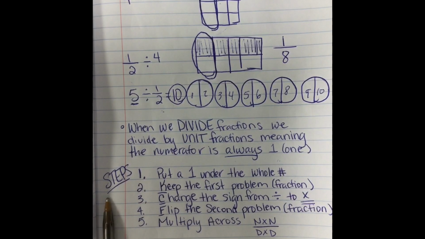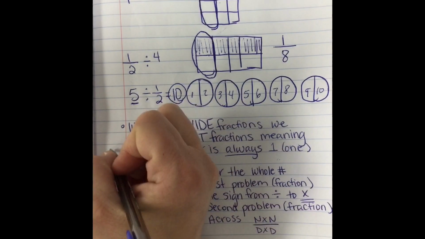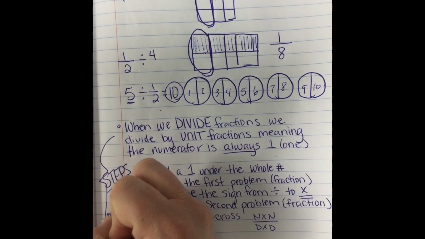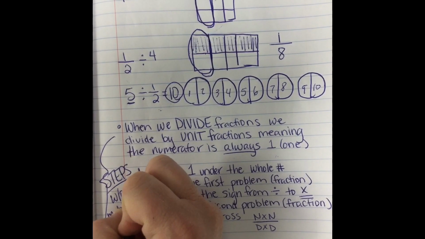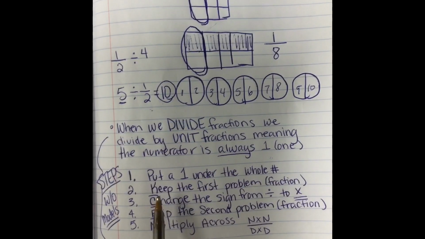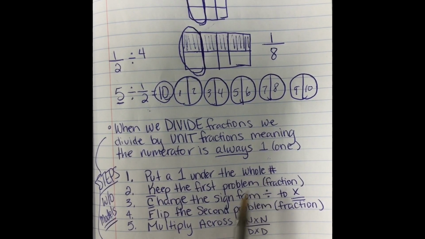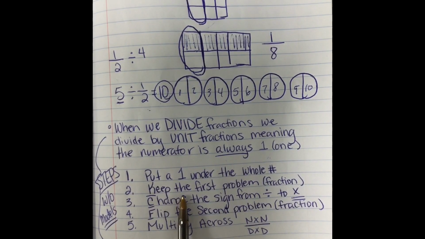Then it says steps. Here are the steps. This is for working the algorithm part without a model. So step 1, we're going to put a 1 under the whole number, just like we did with multiplication. Step 2, we're going to keep the first problem or fraction.